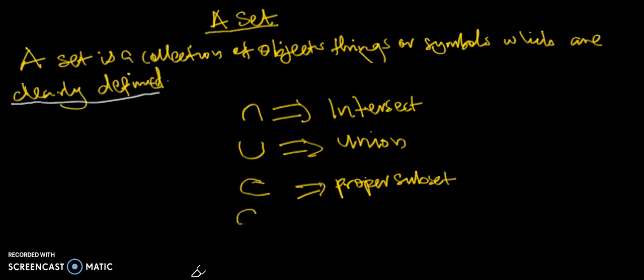We have another symbol, and it means subset. We have this symbol with a bit of a cross there. That means not a proper subset.